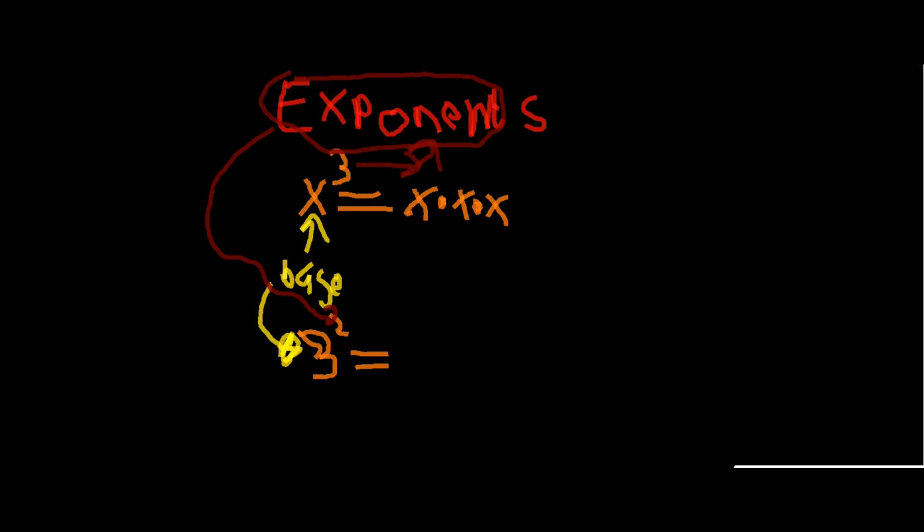That tells you that you have to multiply the base 3 two times, because the exponent is 2. And if this was a 3 here, then it would be telling you to multiply the base 3 times, so we'd have another 3 here. And then we can simplify this to 3 times 3 times 3, which is 27.